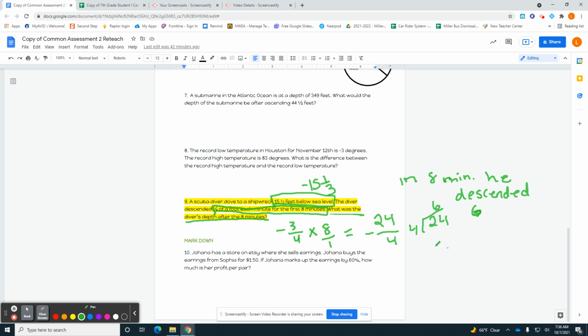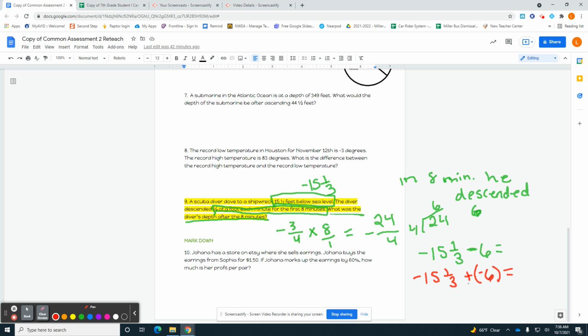Okay, so if he was at a negative 15 and 1/3 and he descended 6 feet, it's like subtraction. But remember, we have to keep the first. So we're going to keep a negative 15 and 1/3. Change subtraction to addition and change the 6 to the opposite.